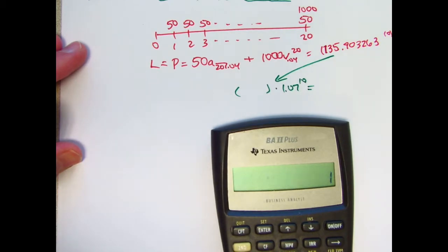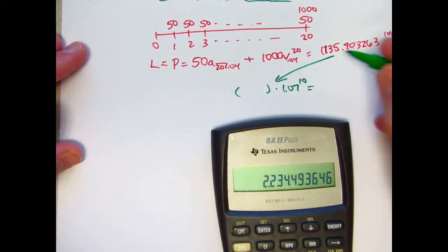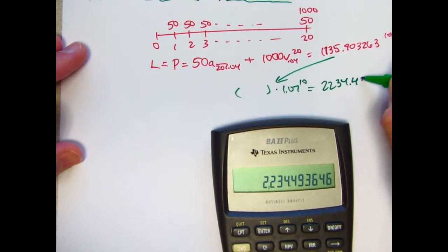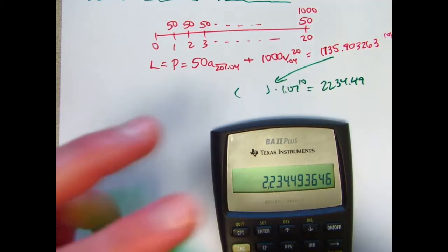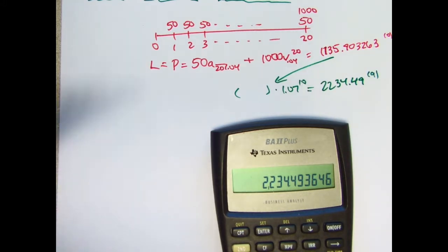So take 1.07 to the 10th power, multiply by this amount, which is in register 0. She's going to owe 2234.49, and I can just round that to the nearest cent. I don't need to keep more decimals there. Let me store that as well, maybe in register 9.